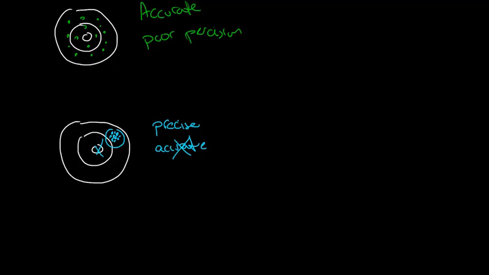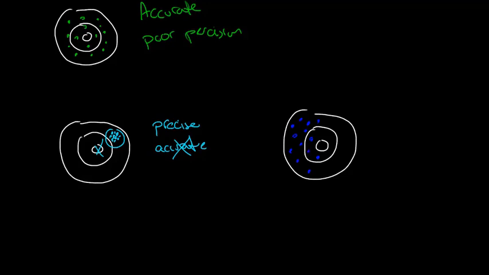Then our fourth example would be the same target again. Here we're going to look at what it might look like if we have a poor degree of precision and a poor degree of accuracy. If we were to make these shots and they were all to line up towards the left side of this target, if we were to average these, they would not average to the bullseye.